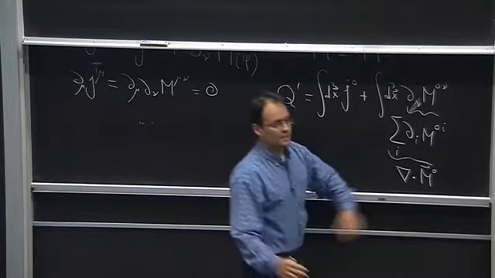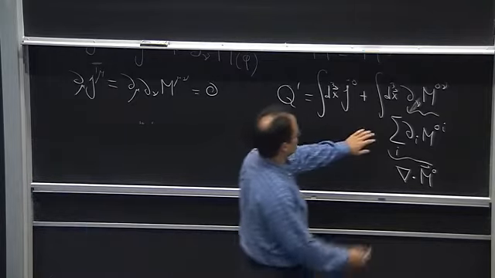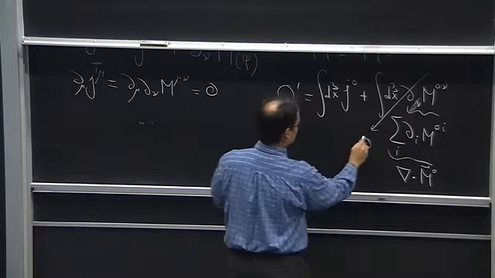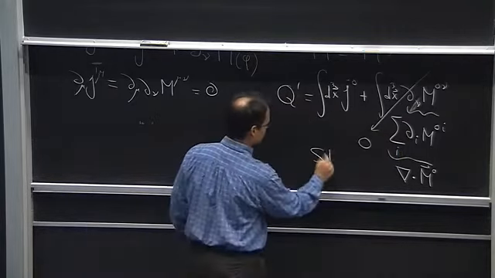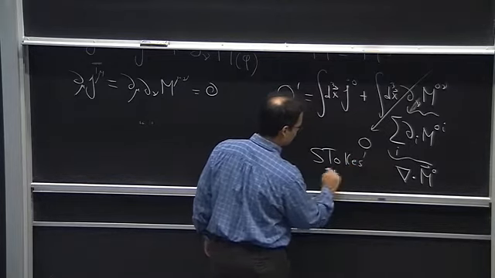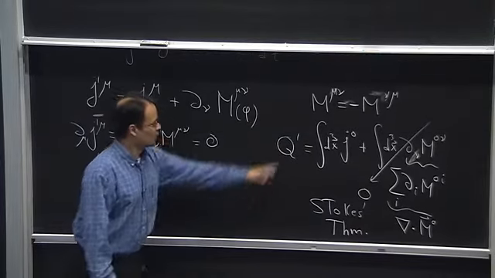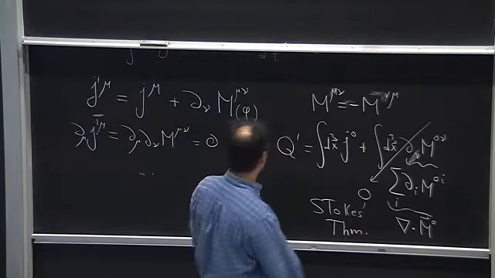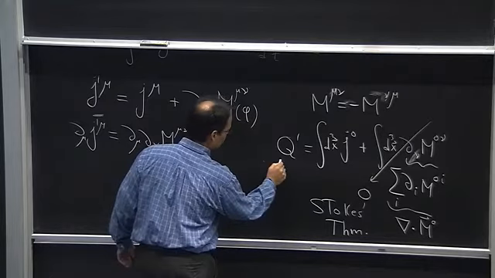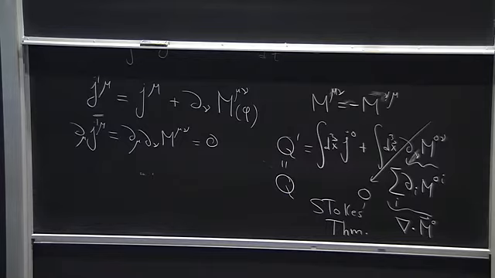And again, my assumption that everything vanishes at infinity fast enough implies that this is 0 by Stokes' theorem. Okay? So we find that our conserved charge is actually the same as before. Okay.